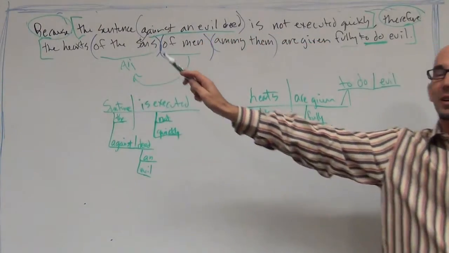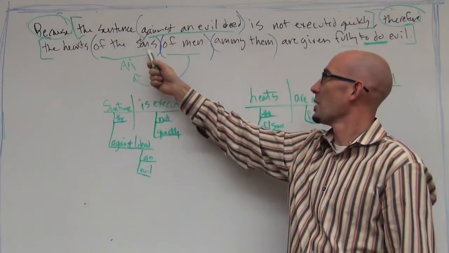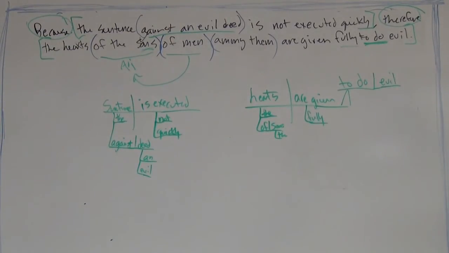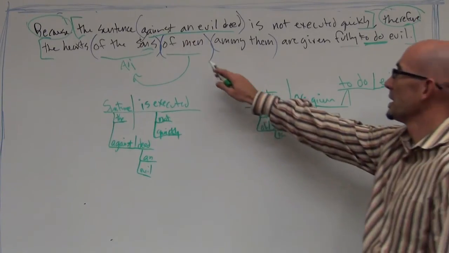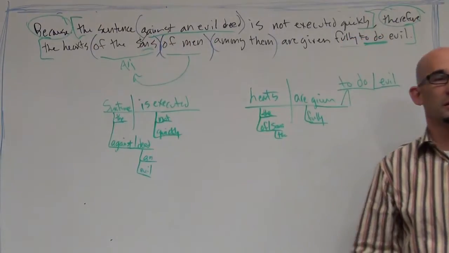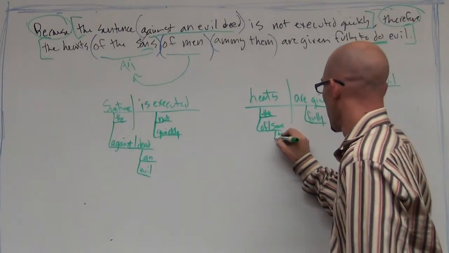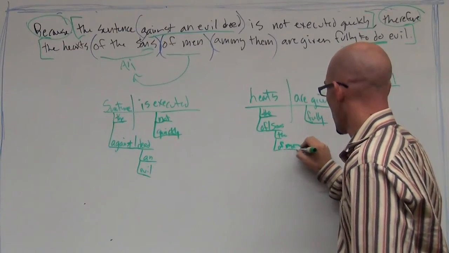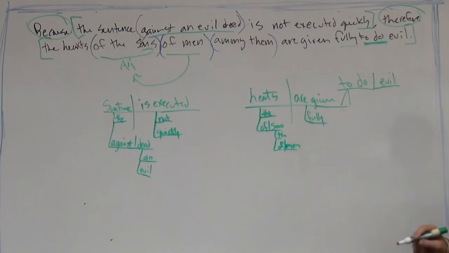What if it's not modifying the whole thing? What if it's just modifying "sons"? Then it's just adjectival. It's which sons? The sons of men. So I went ahead and diagrammed it under "sons," is that correct? That is correct. It's modifying "sons."